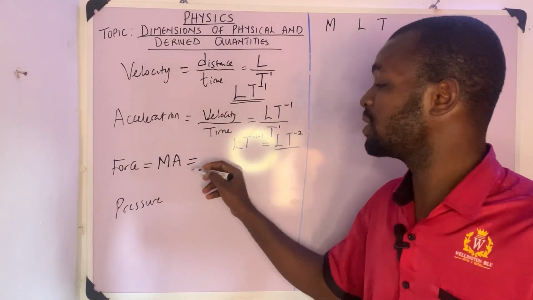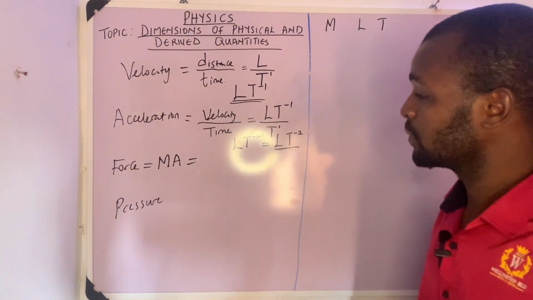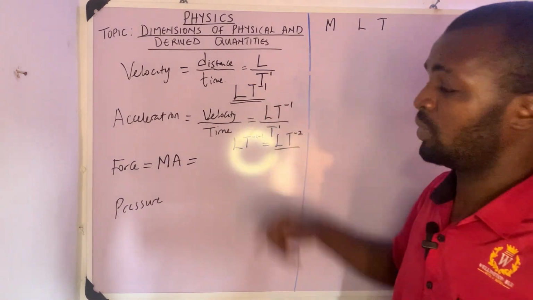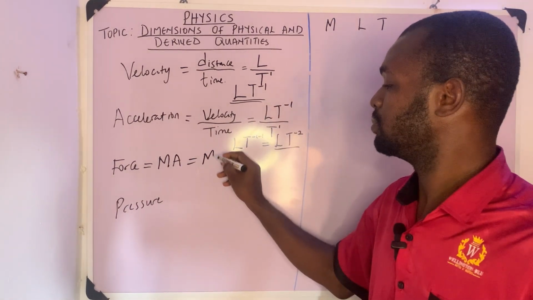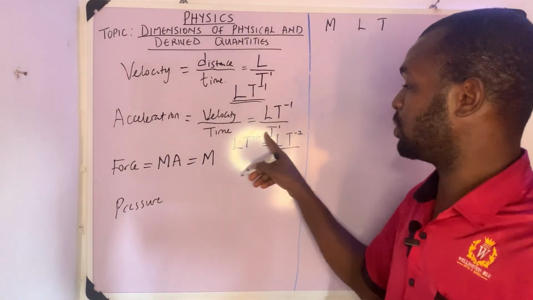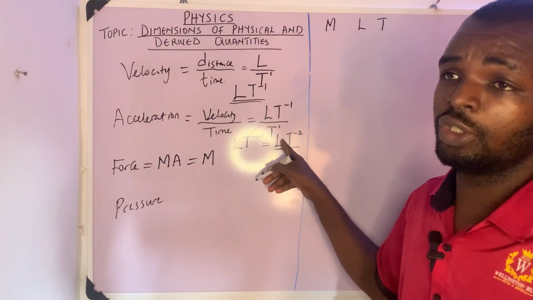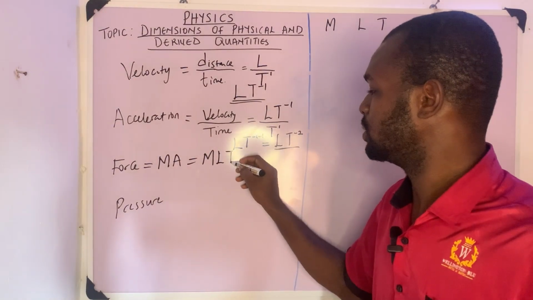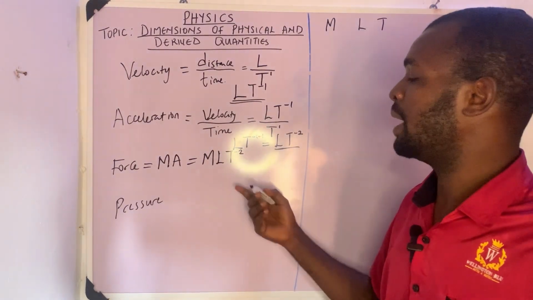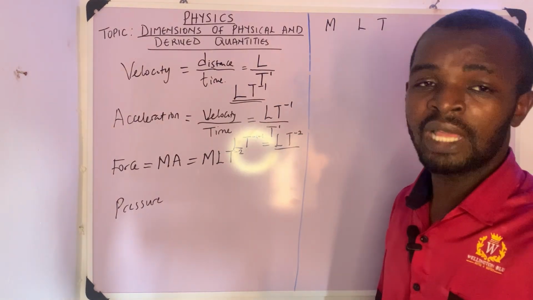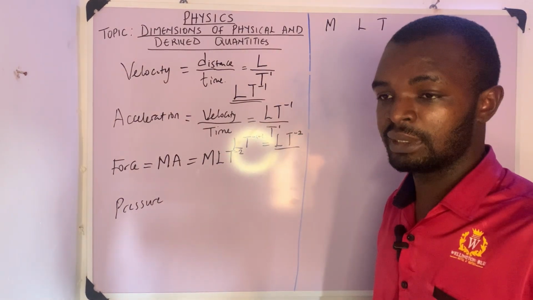So now, forming the dimension of force, mass already has this dimension, which is M. So you put M. For a, which is acceleration, we have formed it immediately, so no need of killing ourselves again. So we can take this and put it immediately. So it becomes MLT^-2. Dimension is so easy in physics.